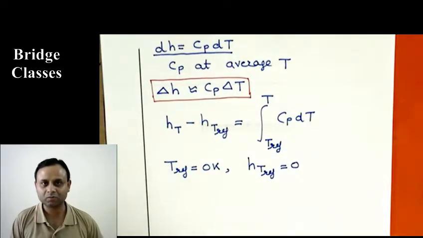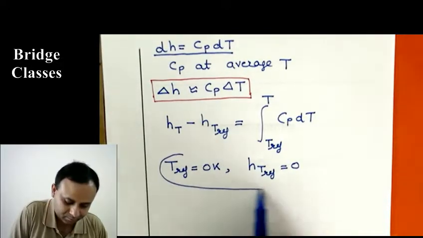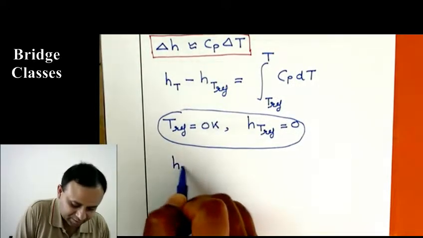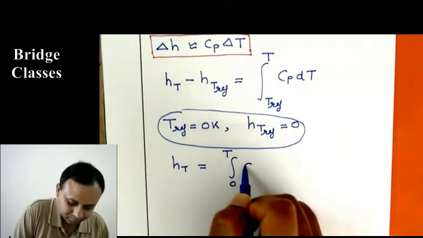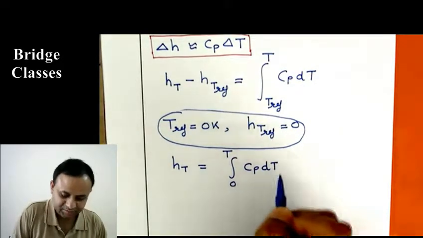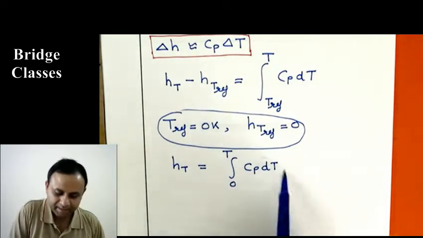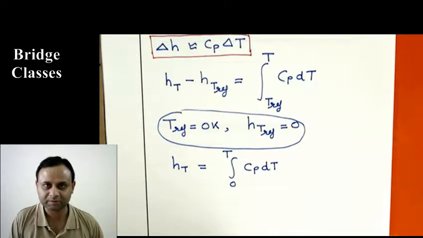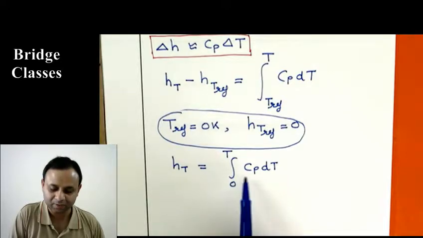We have to give a reference state. It is arbitrary because eventually we are interested in change in enthalpy. So if we do that, then you get enthalpy at temperature T is the integral from 0 to T of Cp dT. And this integral has already been evaluated for us and is available in the form of tables. So we did not make any approximation of constant Cp or average Cp here.